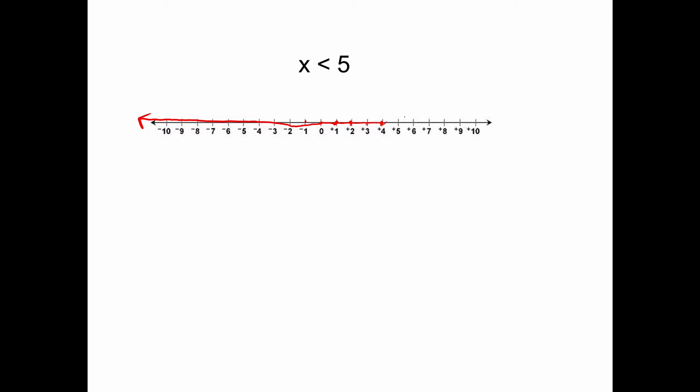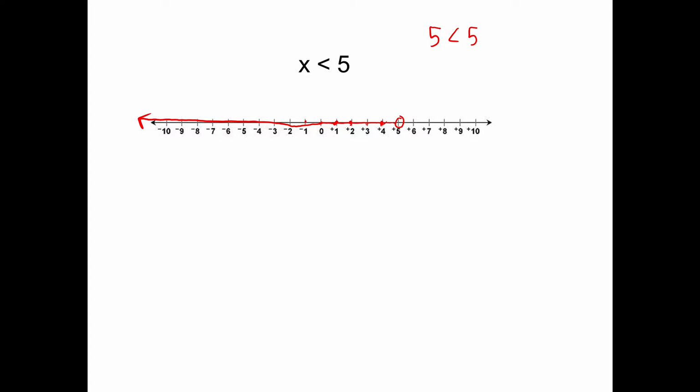But then I come to 5 itself. Is it possible for me to say that 5 is less than 5? Well, no, that's not a true statement. That just sounds kind of weird. So when we look at 5 itself, we put an open circle at 5 to show that it doesn't work as a solution. However, every number up to 5 works.